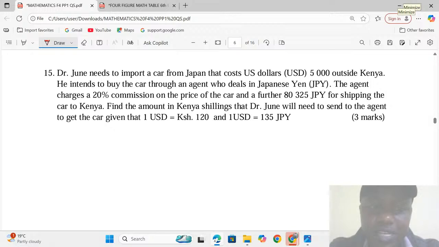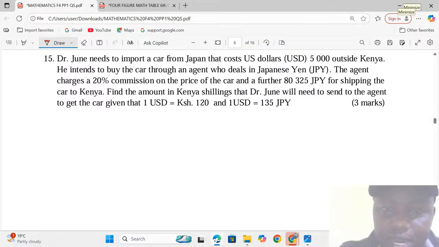The agent charges 20% commission on the price of the car and further 80,325 Japanese yen for shipping the car to Kenya. Find the amount in Kenya shillings that Dr. June will need to send to the agent to get the car, given that $1 equals 120 Kenya shillings and $1 is also equal to 135 Japanese yen.